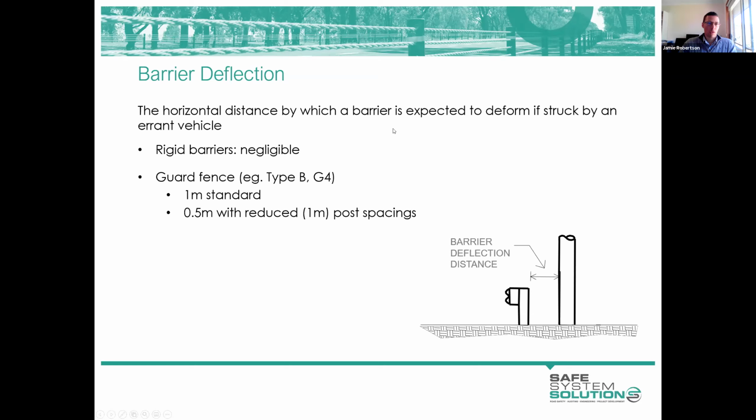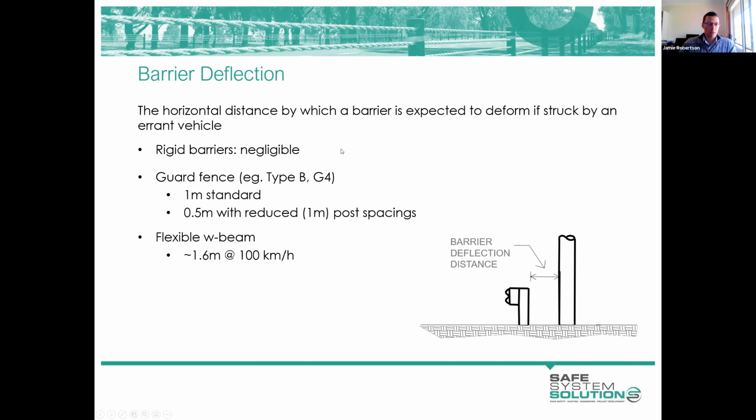They are, for the most part, considered legacy products, and that is because now that they've been tested to MASH, they don't stack up. So they're either considered legacy products or their use has been downgraded or restricted to lower speed environments, perhaps up to 70 kilometres per hour, which would be a TL2 situation.